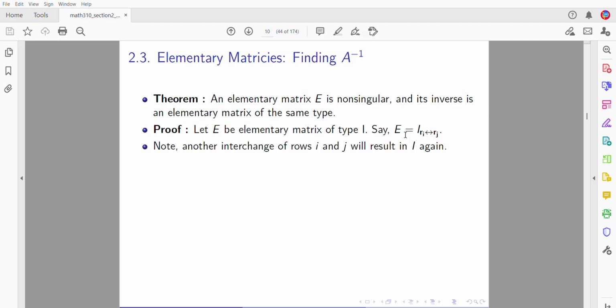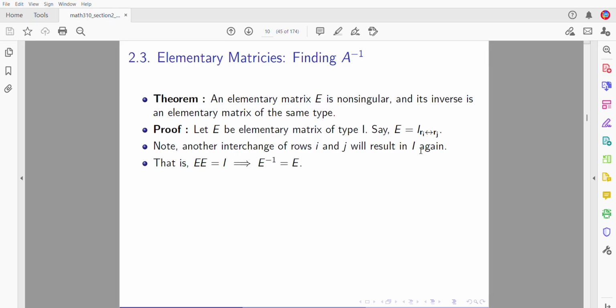Note, another interchange of rows i and j will result in I again, you see. I hope it's clear. I interchange two rows. Pretend I have interchanged row 3 and row 4. Well, I interchange them again. Then you get the identity back. That's all we are saying.